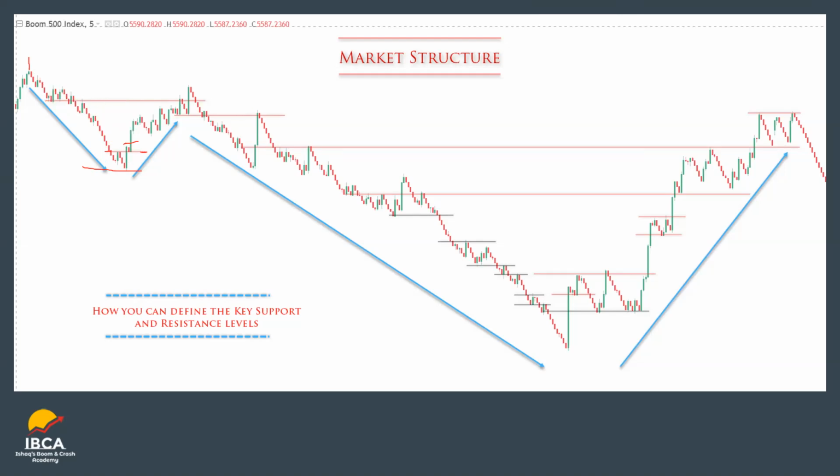Now see the flow. Market is going up again. What is it doing? It is breaking this level, but before it broke that level, it made another structure. You see this where I'm drawing right now?